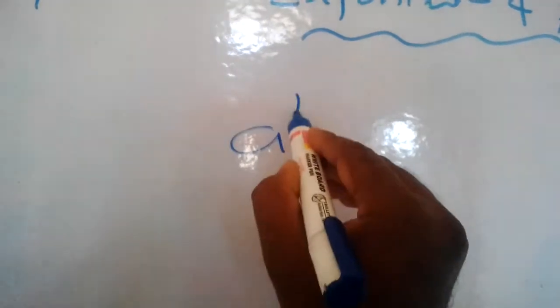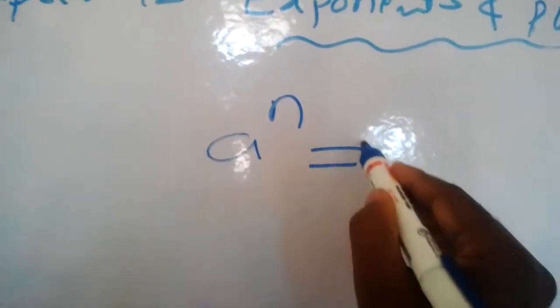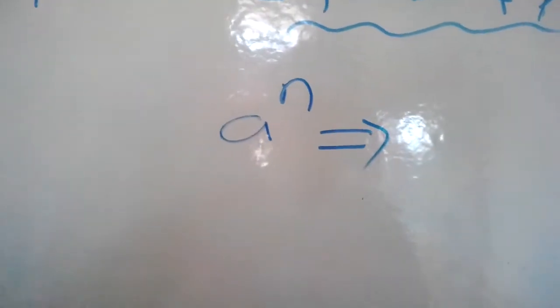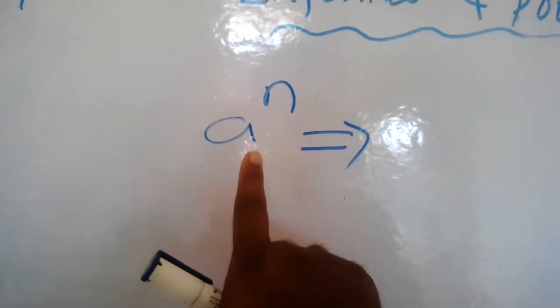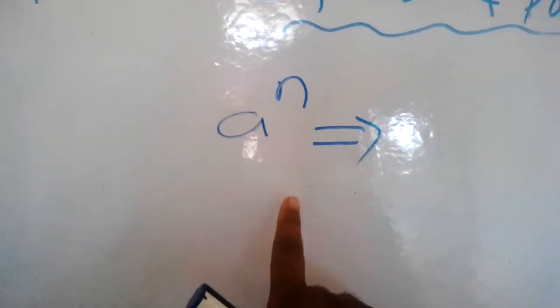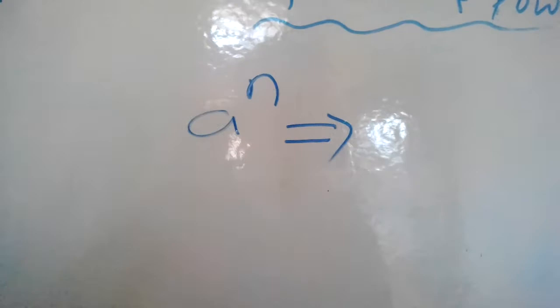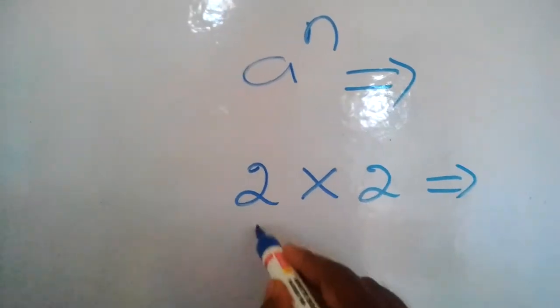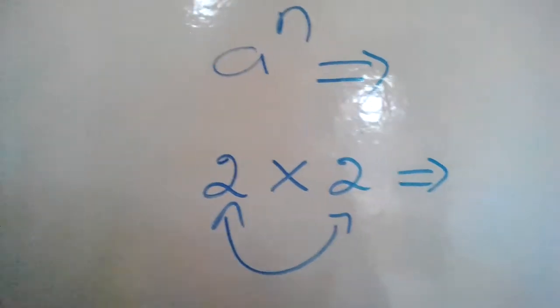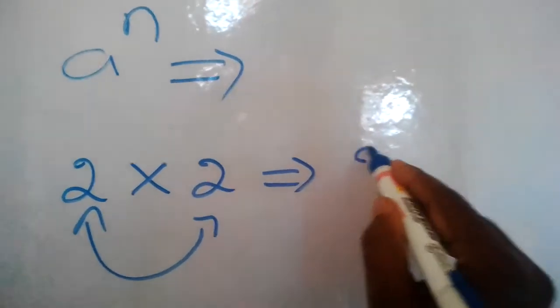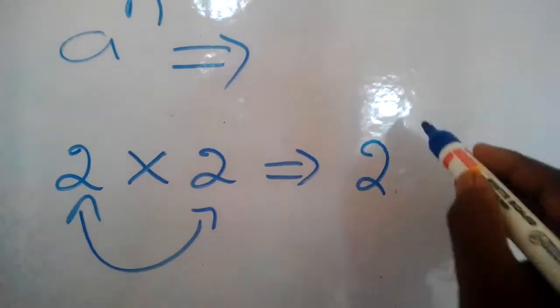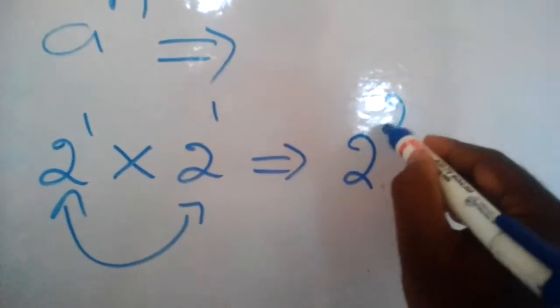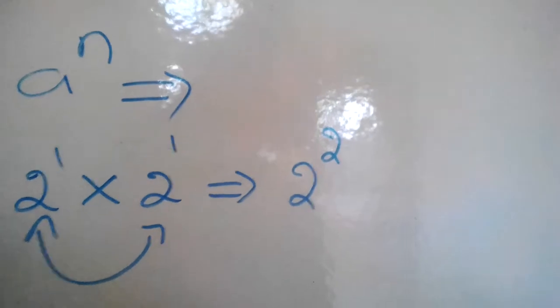Exponents are a mathematical notation. They are represented as a raised to n. These exponents are a mathematical notation used to express how many times a number is multiplied with itself. For example, 2 into 2. Here how many times is 2 multiplied? Here 2 times. So we can represent it as 2 to the power of 2, means 2 square.